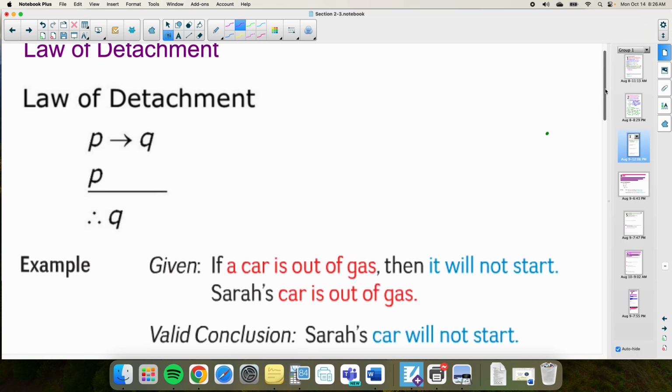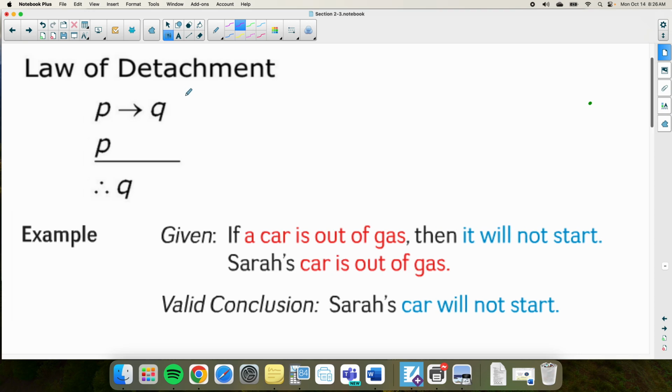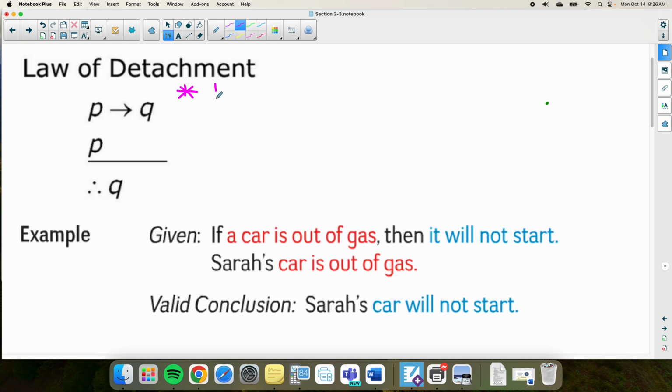So we're going to deal just with Law of Detachment at first. And again, just a reminder, the first statement has to be in if-then form. If it's not, you put it in if-then form. And it's for either law, they have to be that.